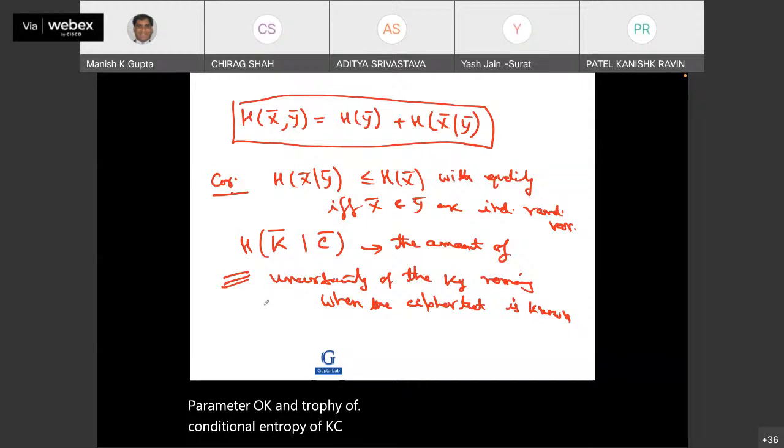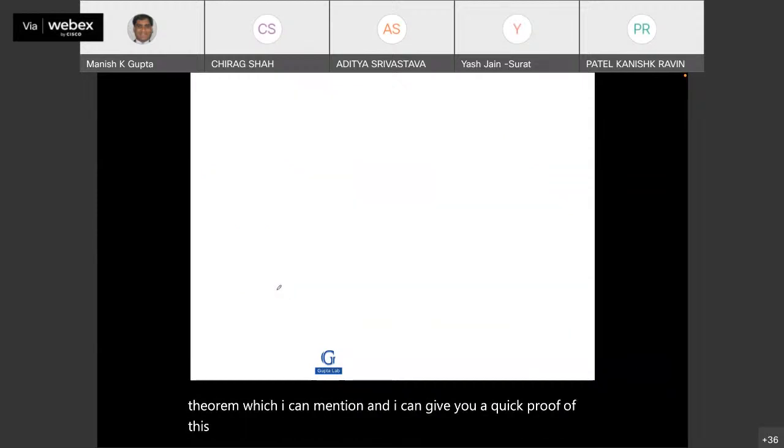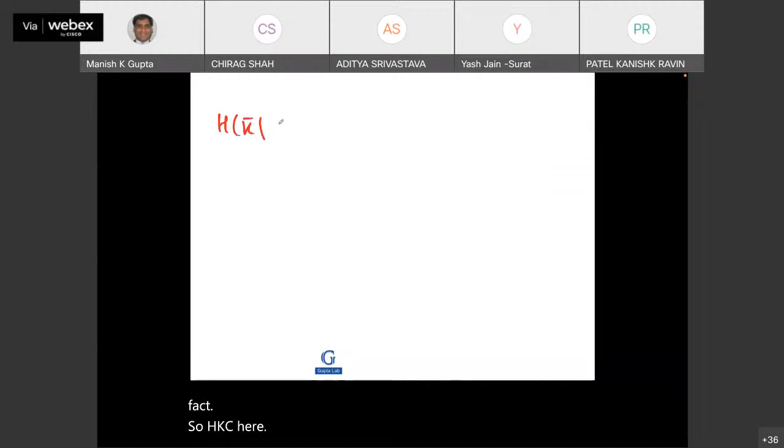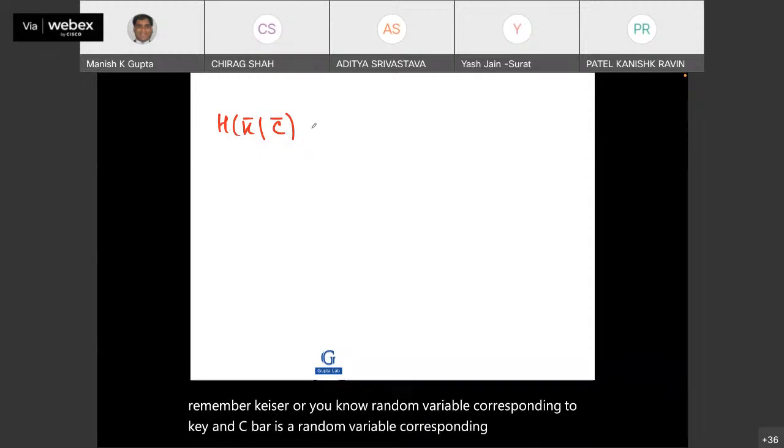In fact, we have a formula, a theorem which I can mention, and I can give you a quick proof of this fact. So H(K|C) here. Remember, K is a random variable corresponding to the key, and C is a random variable corresponding to the cipher text.